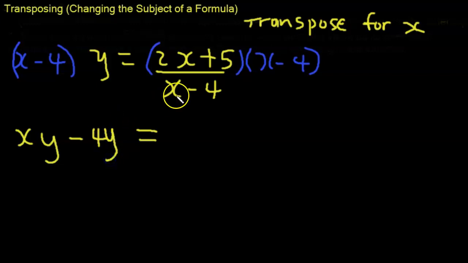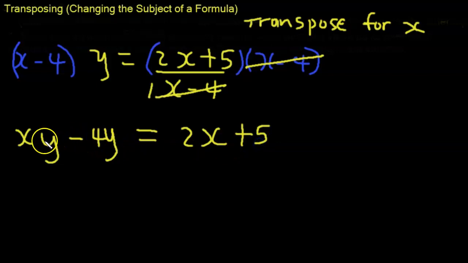Now over on the right hand side, this is the very reason why we multiply by X minus 4 in the first place. Because X minus 4 into itself is 1. And X minus 4 into that, of course, is 1. So we're left with just 2X plus 5. Now remember the aim of the game here: you want to isolate the X by itself. So here we have X in 2 terms. And when we have X in 2 different terms, then we need to group these terms.